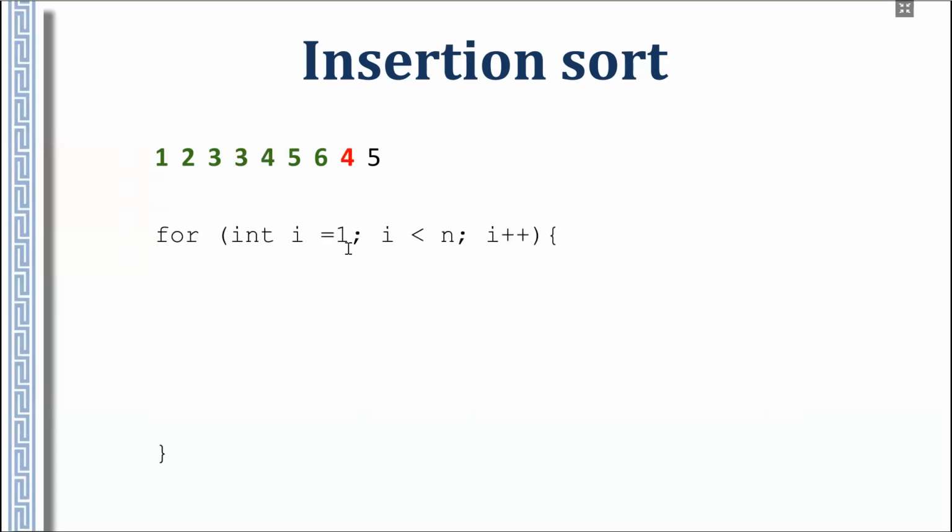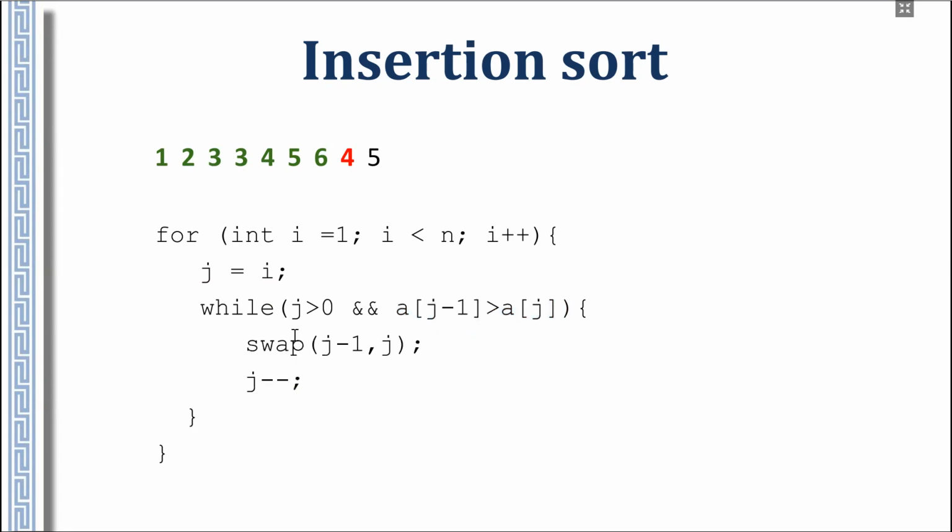So we go from 1 to n, adding an element, and while the condition is true that the current element is less than the previous element, we swap them, or until the element comes to the zeroth position.